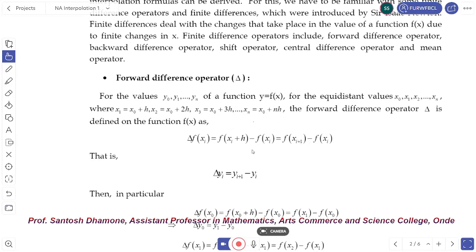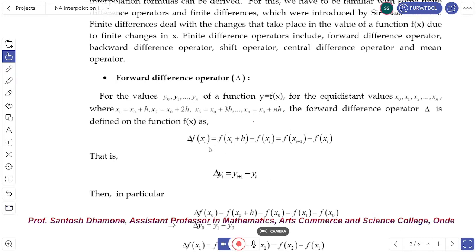Suppose i is equal to 2, then this formula gives delta f of x2 is equal to f of x2 plus h minus f of x2, that is we get f of x3 minus f of x2. We know that y is equal to f of x. Then this formula can be written like this, delta yi is equal to yi plus 1 minus yi.